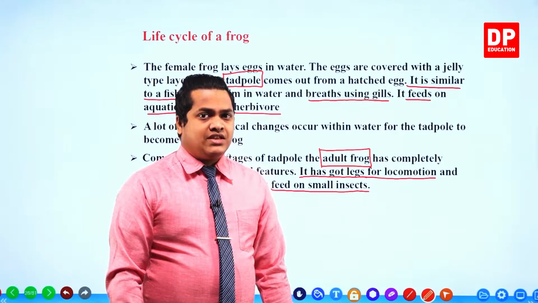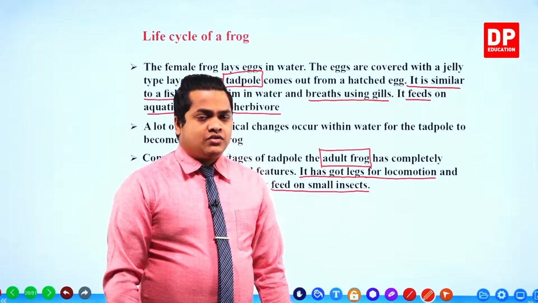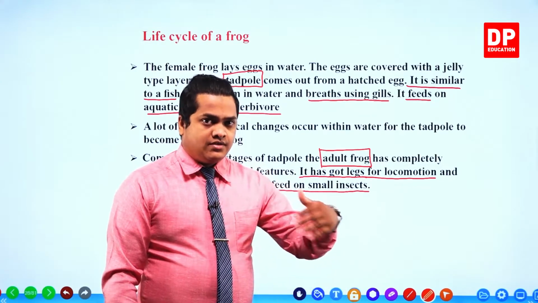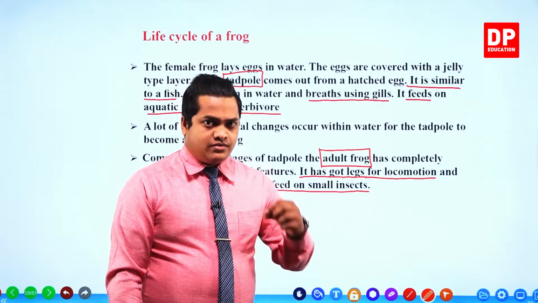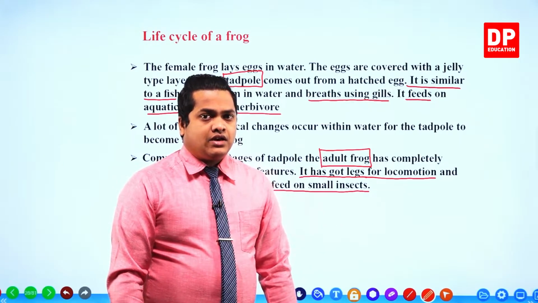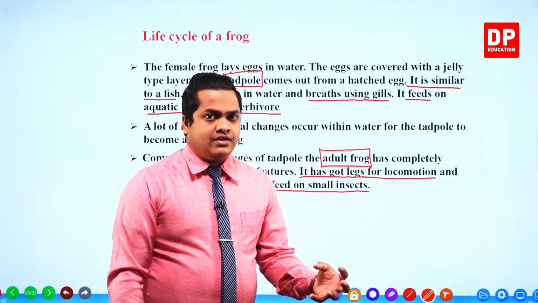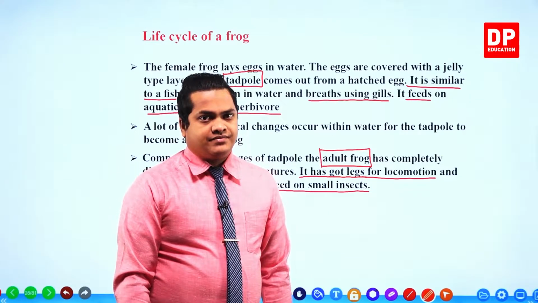Just by looking, they can elongate the tongue to a different location and catch the prey, especially insects here.